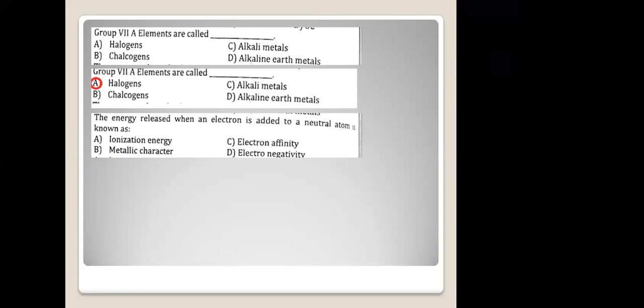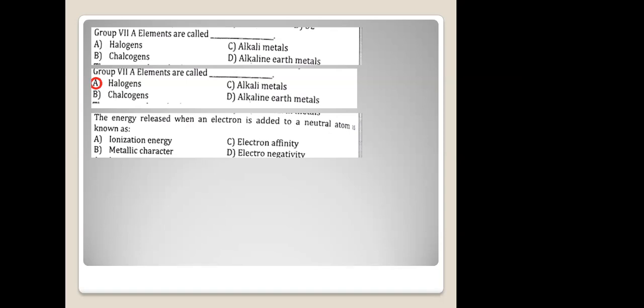Ionization energy is nothing but removing an electron from a neutral atom. Always remember, ionization energy, you remove an electron, and it is endothermic. You remove an electron and form an ion. Now, option B is metallic character.